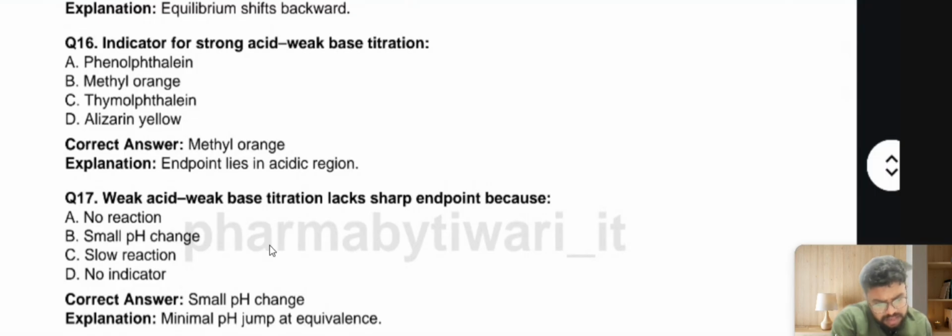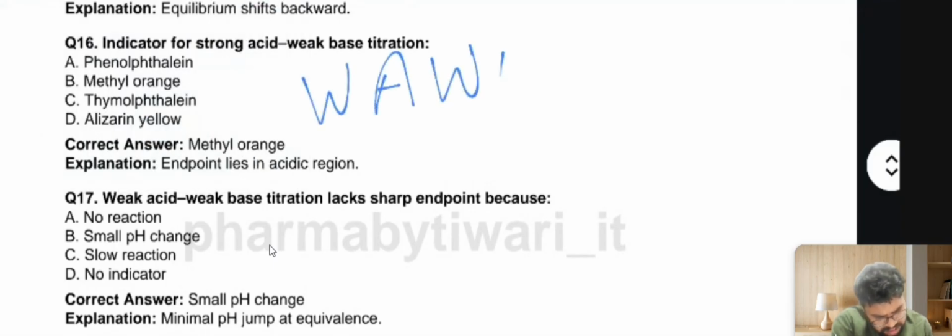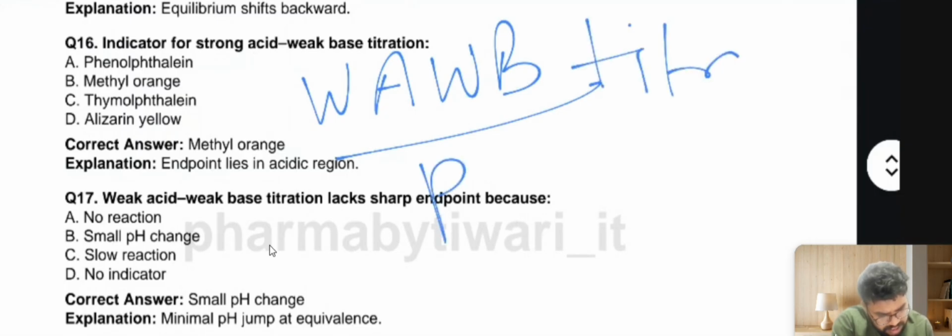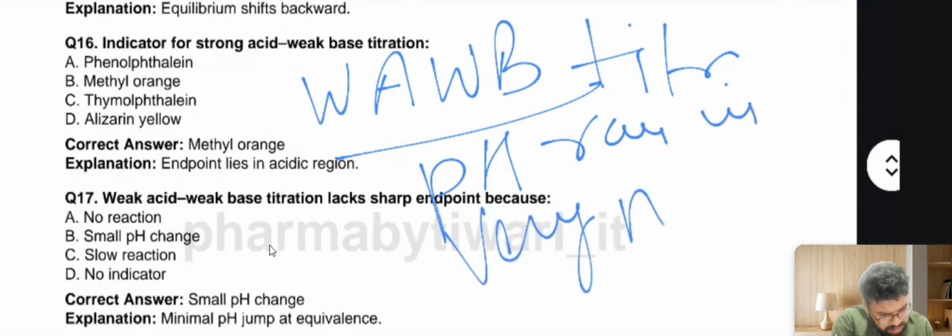Okay, when weak acid and weak base are involved in titration, the pH range is very narrow at the end point.